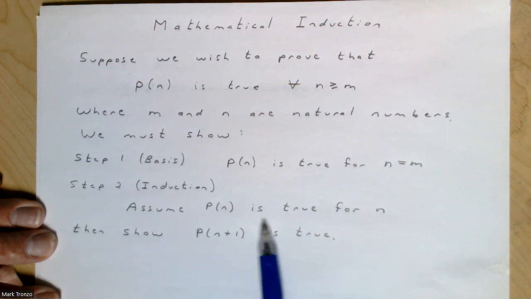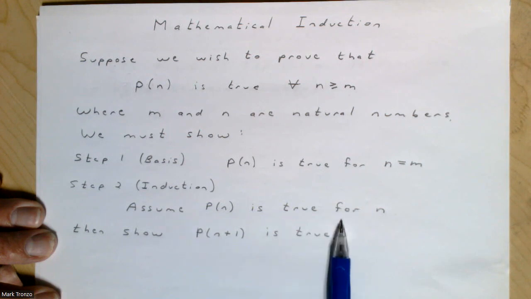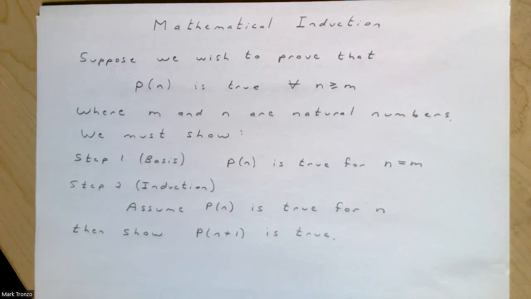We're allowed to assume it's true for a particular, given general n. Assume that that's true, and then show that it's true for n plus 1. That's the normal steps for induction.